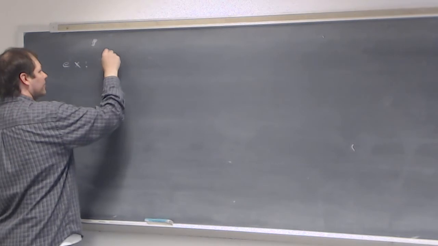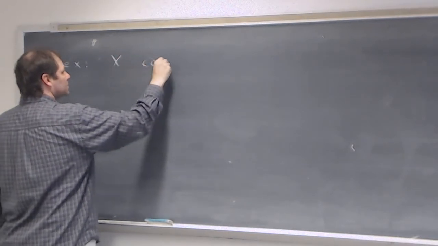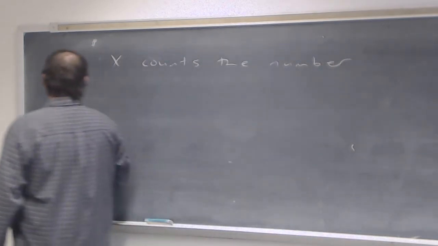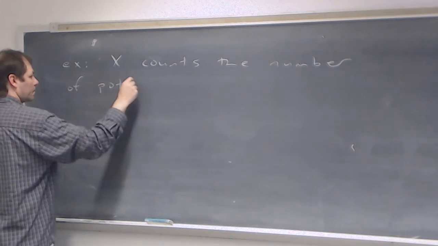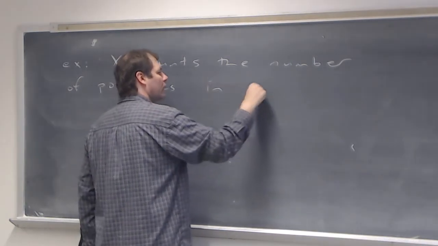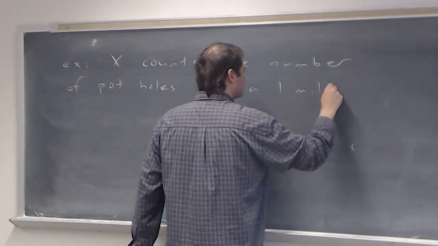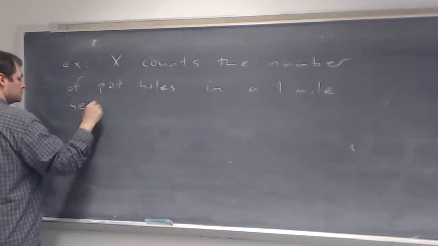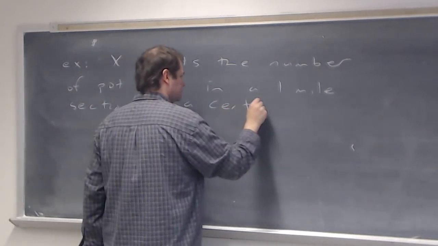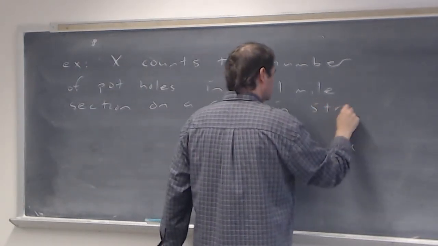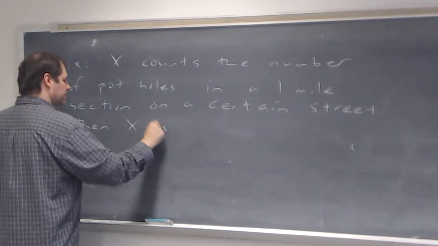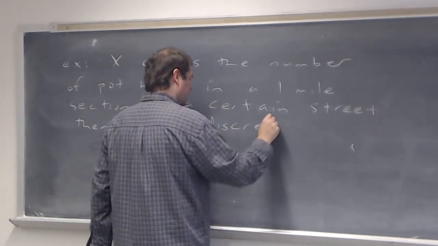If X counts the number of potholes in a 1-mile section on a certain street, then X is a discrete random variable.